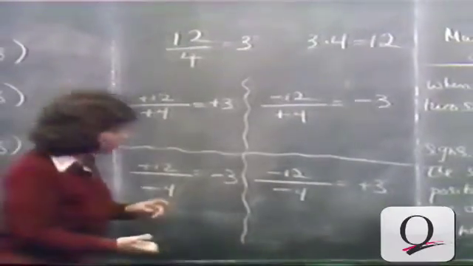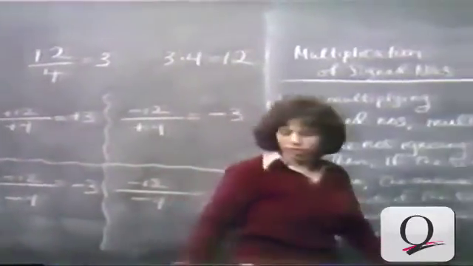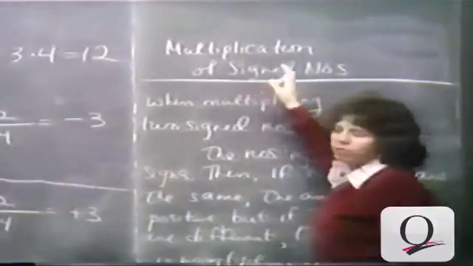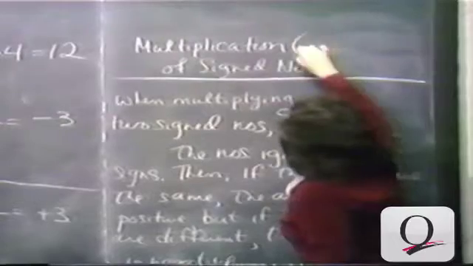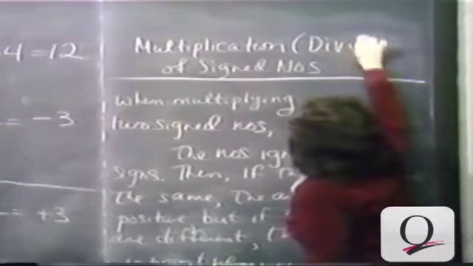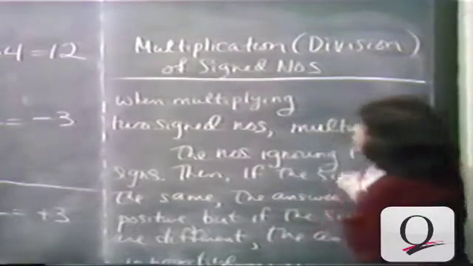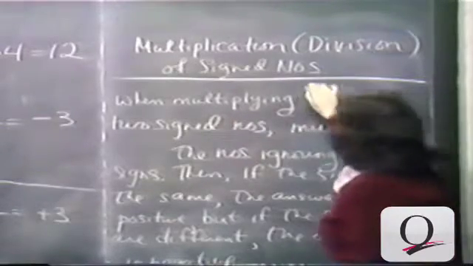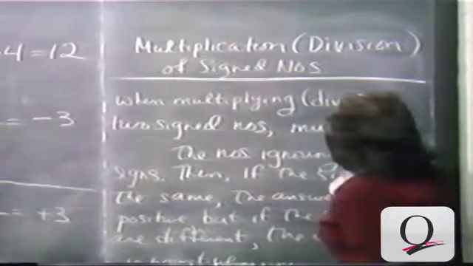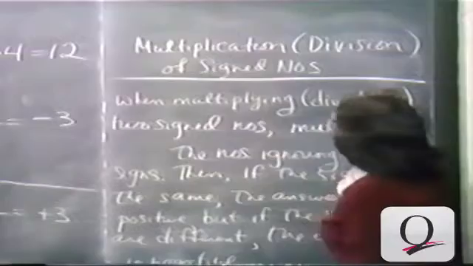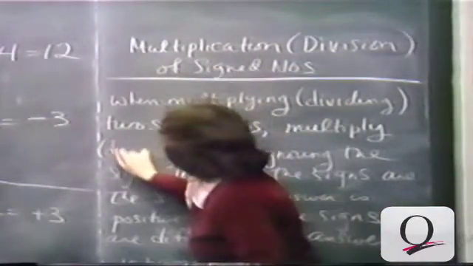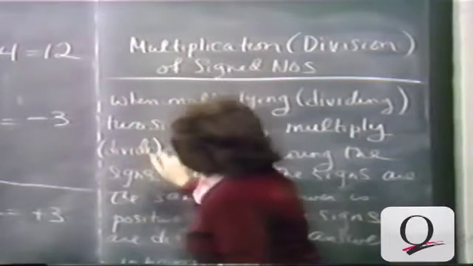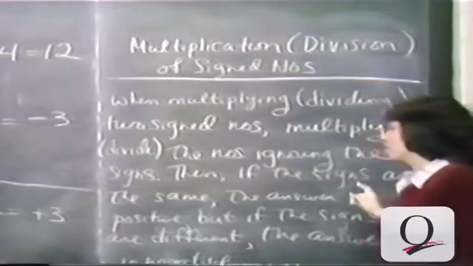That's why I left space in the original rule over here. This was for multiplication of signed numbers. Now let's write it's for multiplication or division of signed numbers. When multiplying or dividing two signed numbers, multiply or divide the numbers, ignoring the signs.